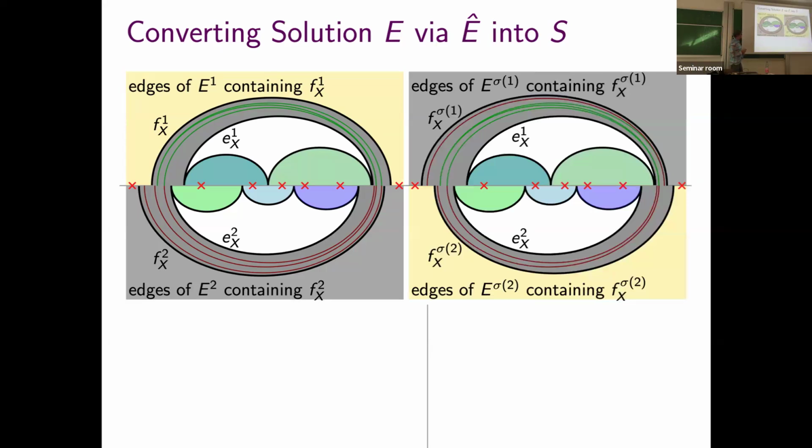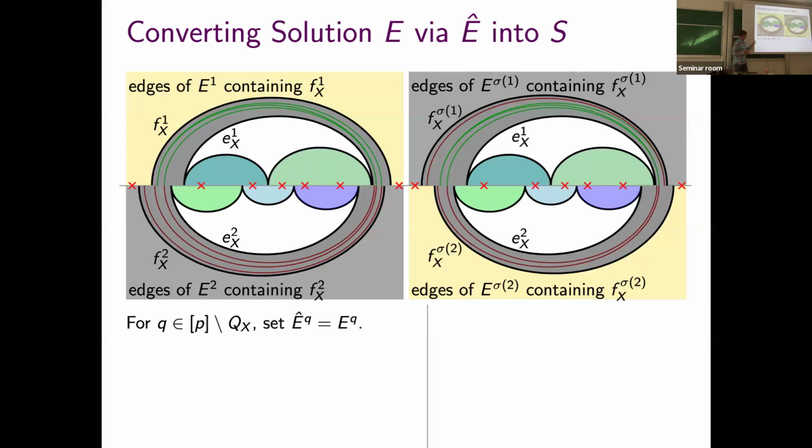But we may start with something like this and end up with something like this, where this edge E1 is paired actually with that edge F2. And this is paired with that one. So things flip, can happen, but our argument is that even if it flips, we can still squeeze the maximum number of edges into that region.